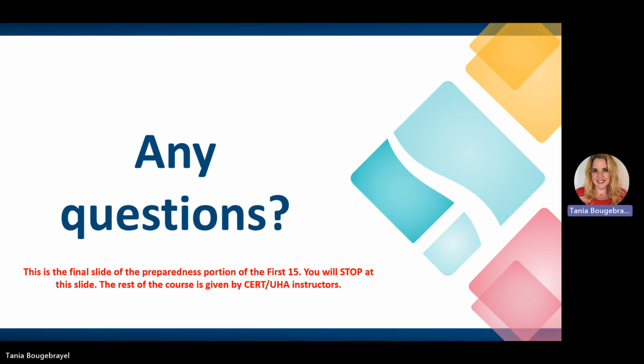And slide 22 is the final slide in the presentation section of the first 15 course. When you reach this slide, you've reached the end of your part of the presentation. And so this is where you would ask if there's any questions, you would take any questions from the attendees, etc. And also, if you don't know the answer to some of these questions, it's okay to say, I'll get back to you, right? I think a lot of times people get anxiety about presenting because they worry that they won't know the answer to some of the questions.